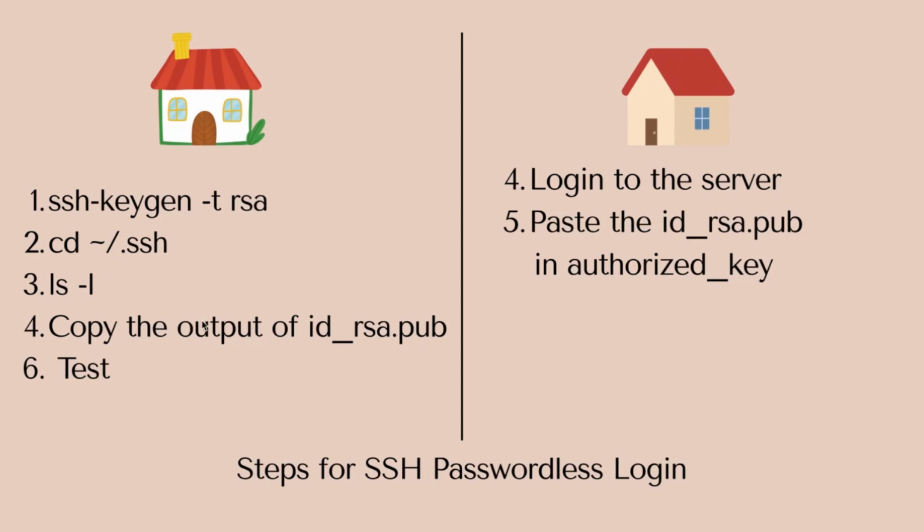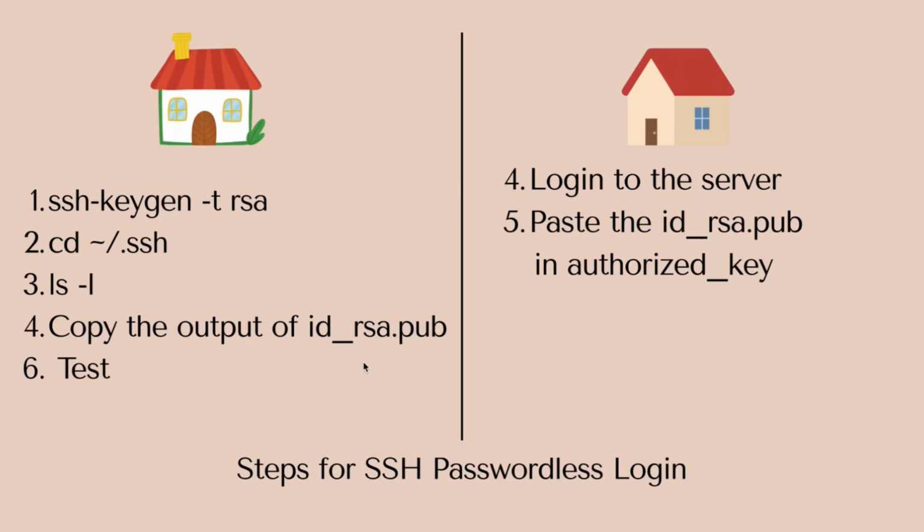So we will copy the output of that public file to server B and paste it into the authorized_keys file of server B. Then again we can come to server A and we can see that the passwordless connection is established between these two servers. So this is all about SSH passwordless login.